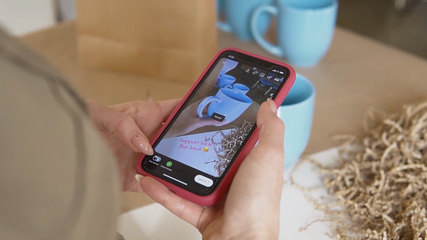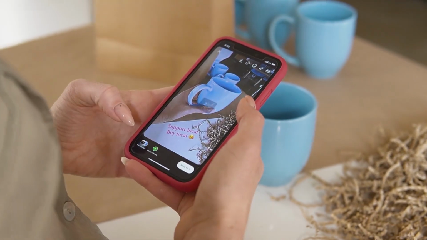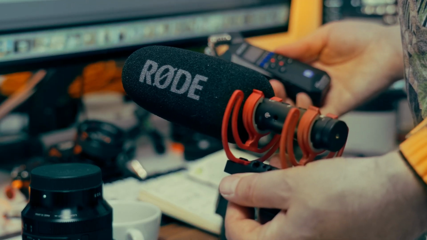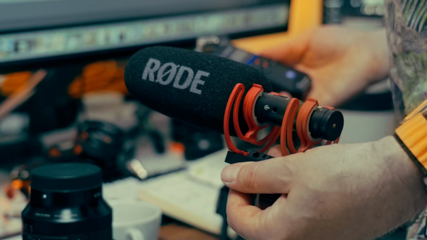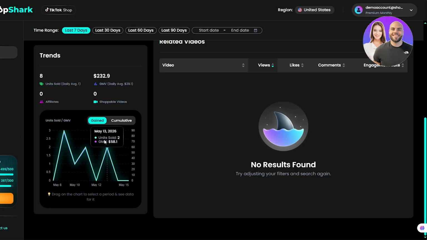This also helps you analyze what style of videos are working, how creators structure hooks, and what type of content is driving views. And honestly, studying marketing angles is just as important as finding products themselves. A mediocre product with strong marketing often outperforms a good product with terrible content.